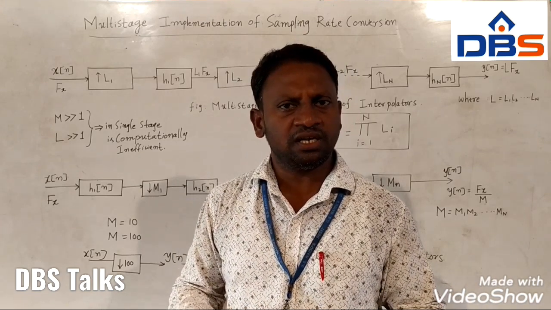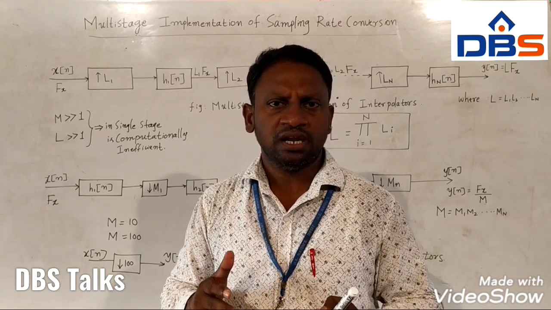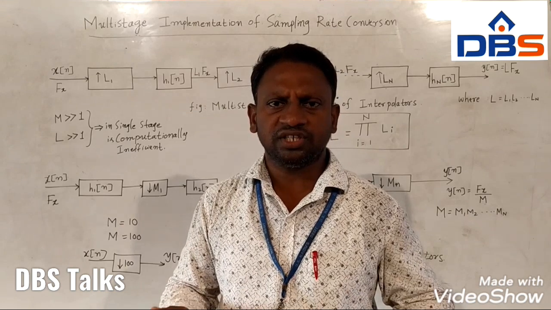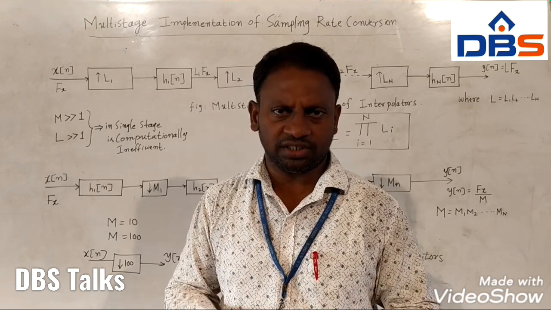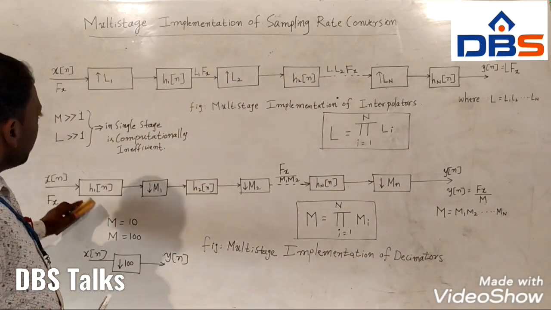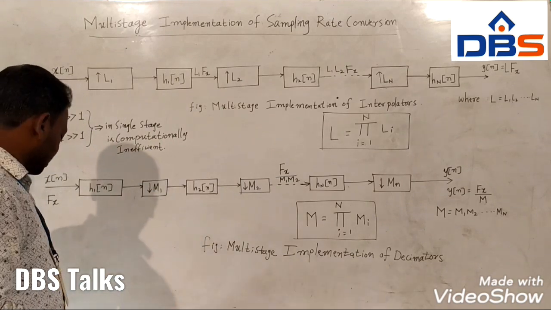So if M is 100, 99 samples have to be discarded in a single block. From a hardware point of view, it is computationally inefficient. That is why people use multi-stage implementation of sampling rate conversion.